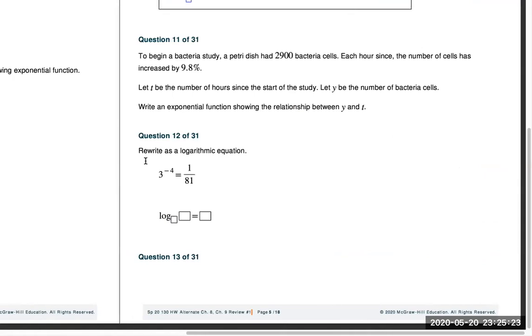So before we get too crazy, I want you to note that we have, for number 12, an exponential form. And we're being asked to rewrite this as a log equation, so in log form.